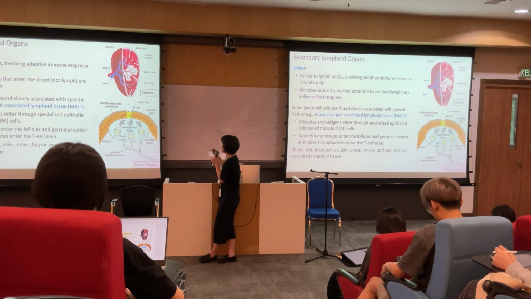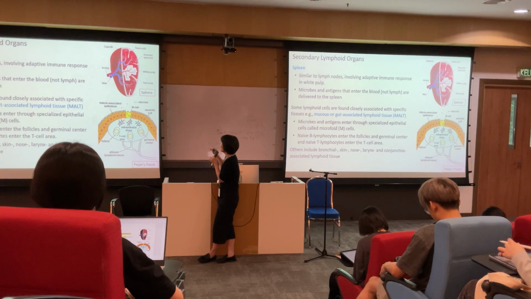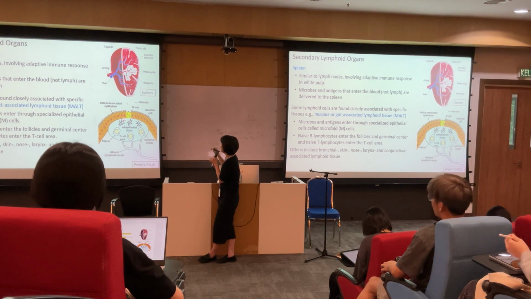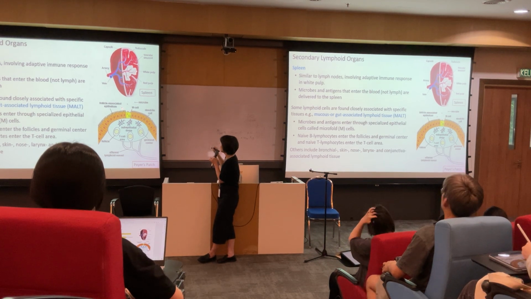Here there are dendritic cells. Dendritic cells can extend part of themselves, like a hand, to capture the microbe. So this is how they capture the microbe.